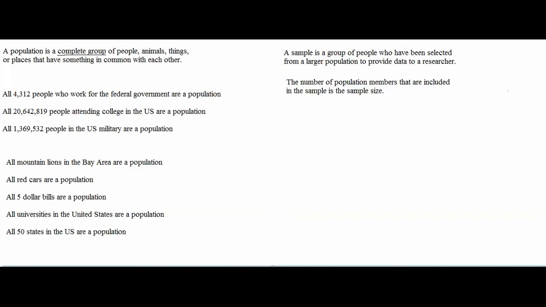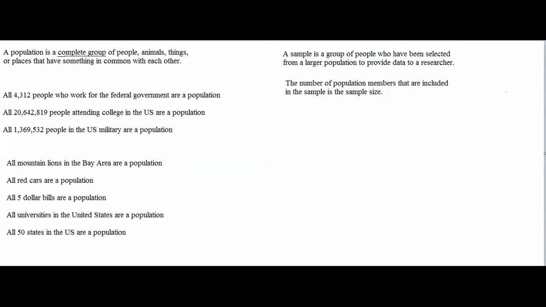In my first example, my sample size was 100 because I was collecting data from 100 college students. In my second example, my sample size was 200 since I was collecting data from 200 federal government employees. In my third example, my sample size was 300 since I was collecting data from 300 trees.